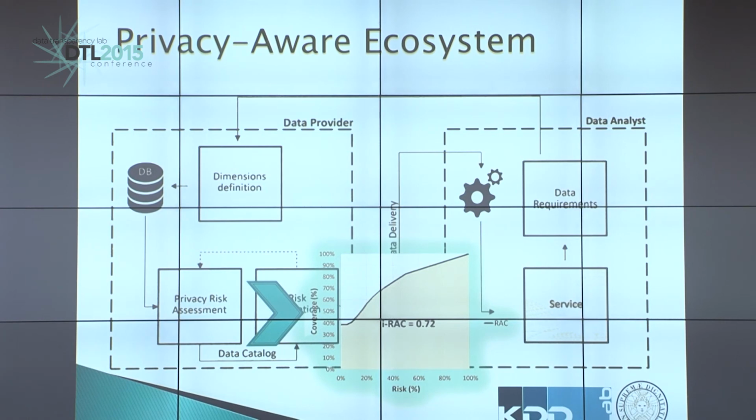What we want to provide is the empirical privacy risk, so the real risk of this set of users. And we want to define a ROC curve, so we want to give a coverage measure of this risk, and a number which represents the area under the curve.